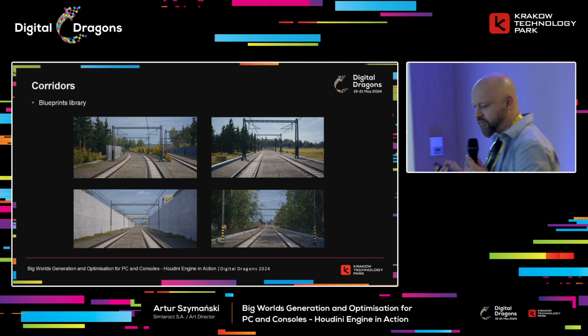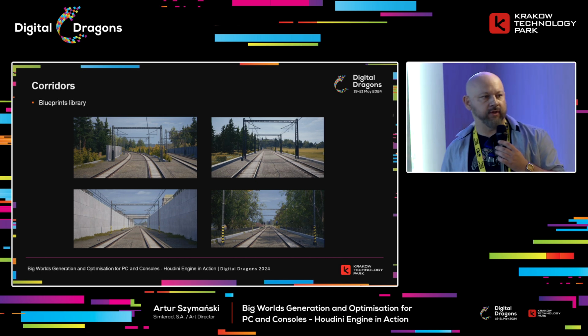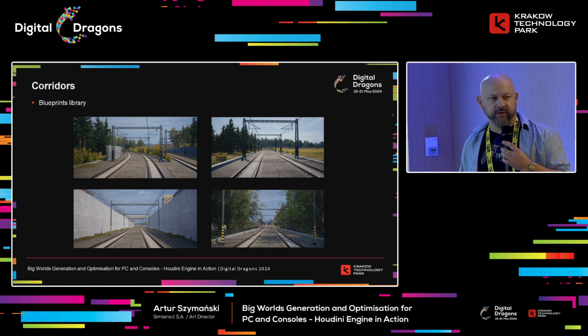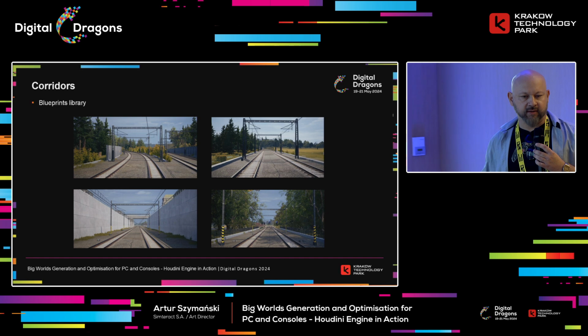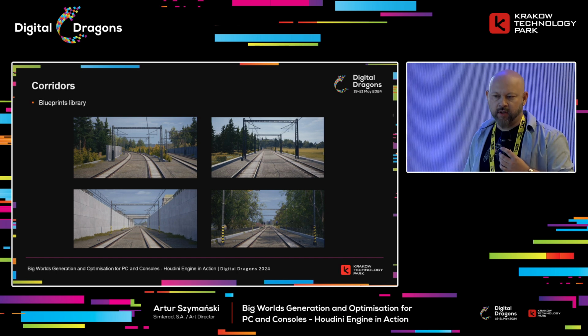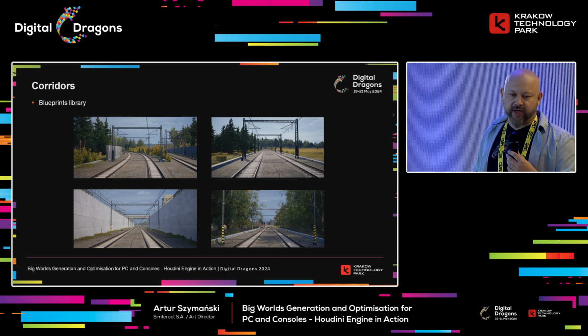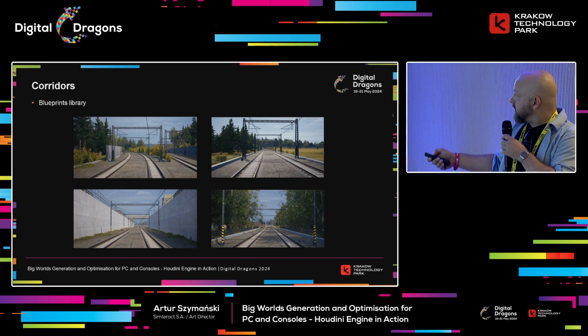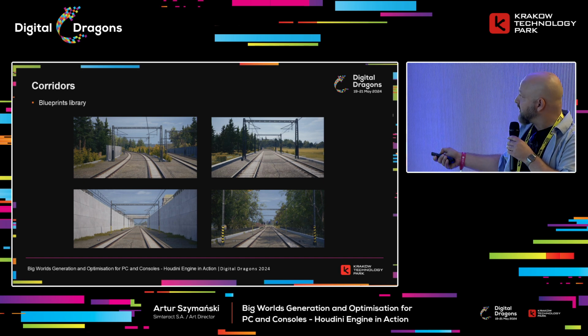Thanks to this, the team could focus on parts that were more important to recreate with better quality, like cities, where trains will slow down and we needed much more human touch in those areas. So all those long, kind of generic parts were automated that way thanks to blueprints.